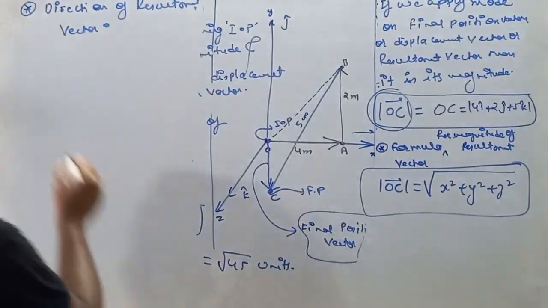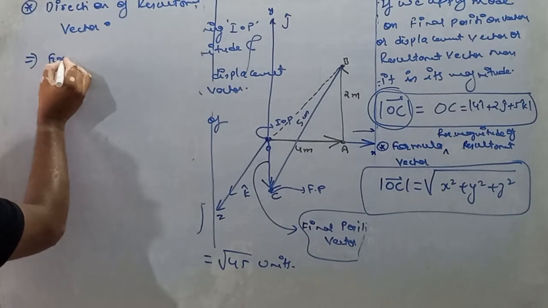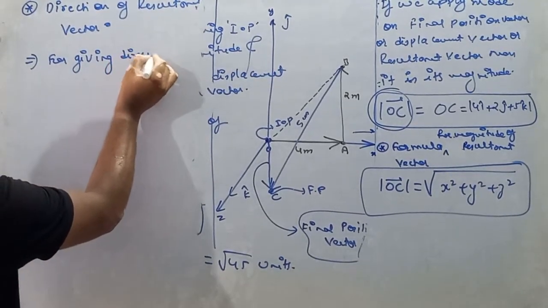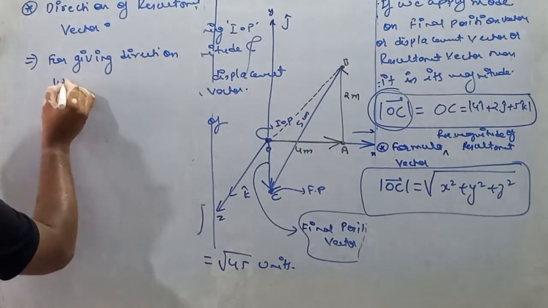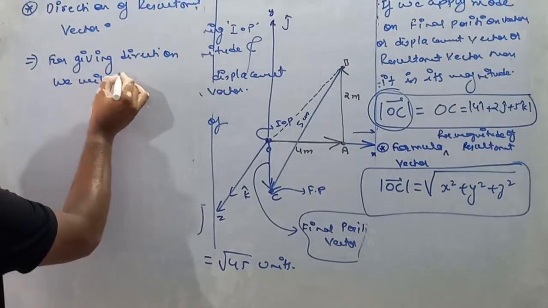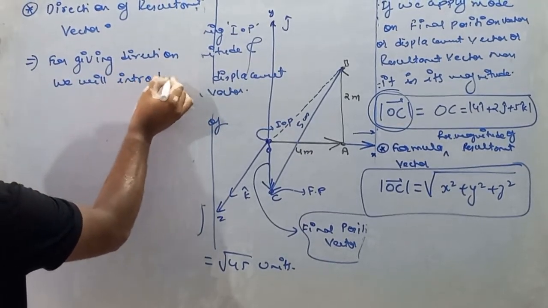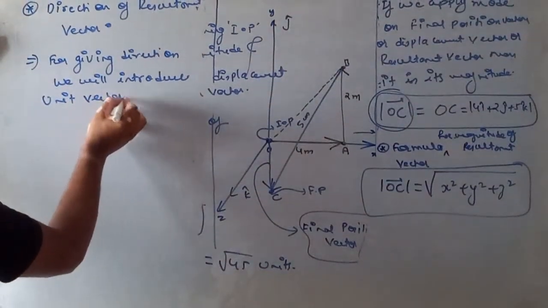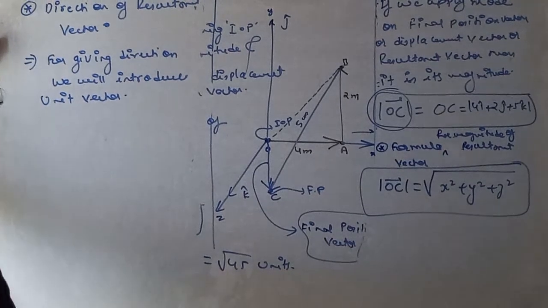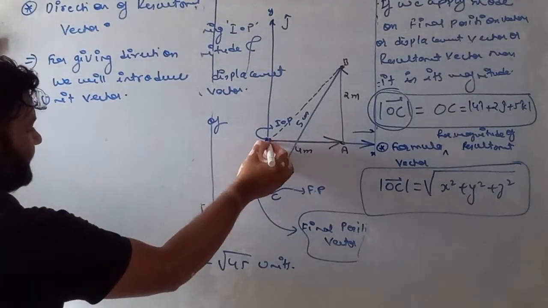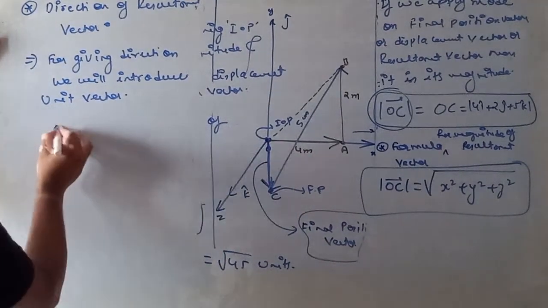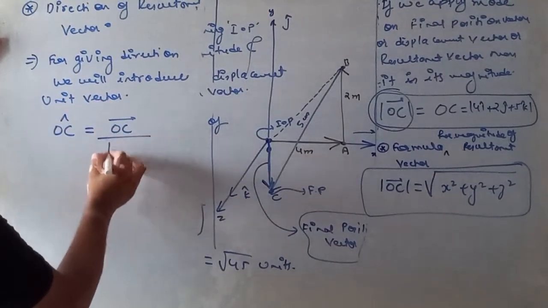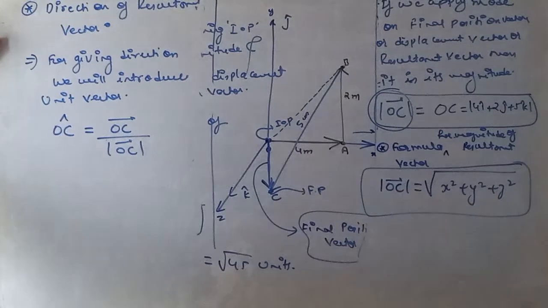So for giving direction, we will introduce a unit vector. So what is basically a unit vector here? We'll give the direction of the resultant vector. So it is OC cap, which will be equal to OC vector upon the magnitude of OC vector.